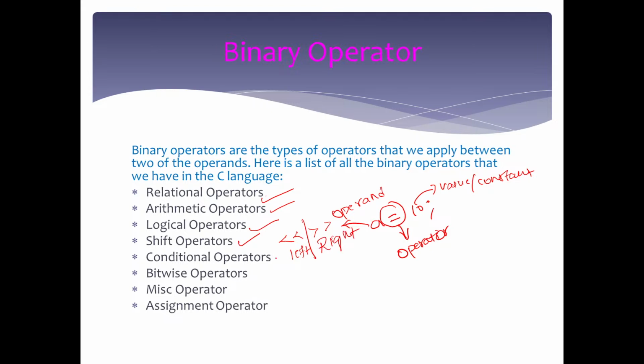Then conditional operators, so if else, if ladder, and nested if. These are the conditional statements. And then the bitwise operators: bitwise and, bitwise or, bitwise nor, XOR. Then misc operators and the assignment operators. This particular thing we will discuss in detail while discussing the operators.